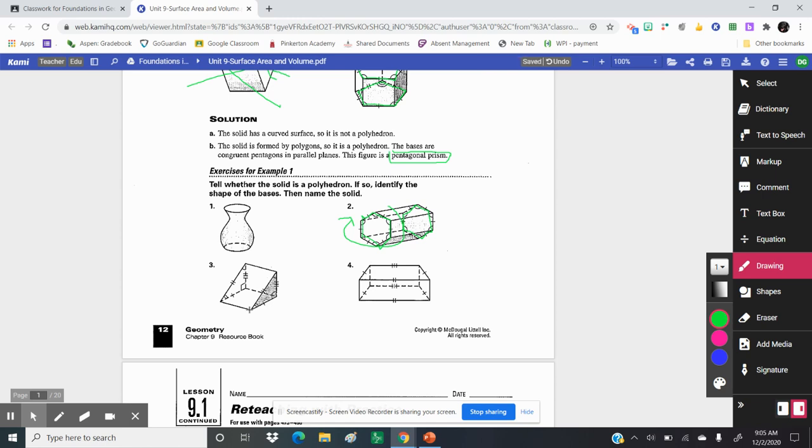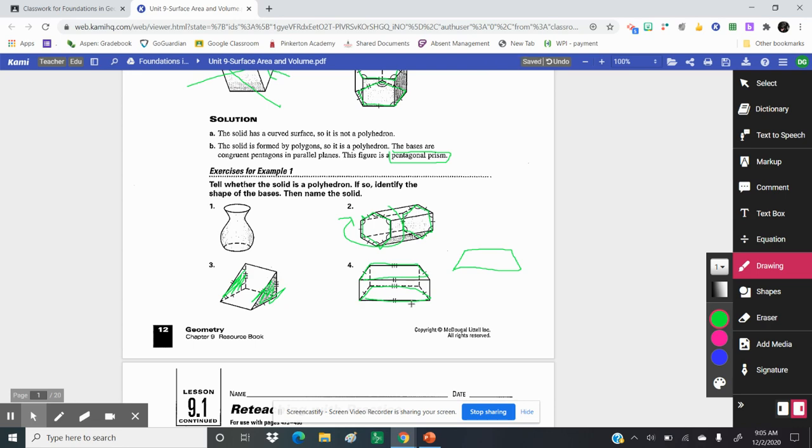Now this one here has a base here, and this here is a base. But what shape are those bases? They're parallel to each other, but those are triangles. So this would be a triangular prism. And this one here, if you take a look at this base and the one down here, those are going to be trapezoids, because remember, this is what a trapezoid looks like, if you remember from last chapter.